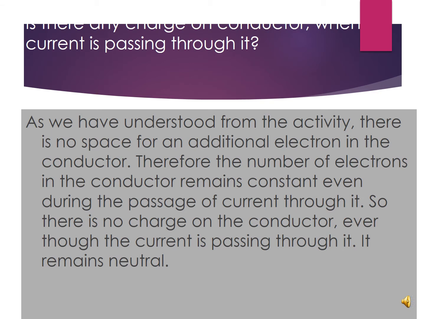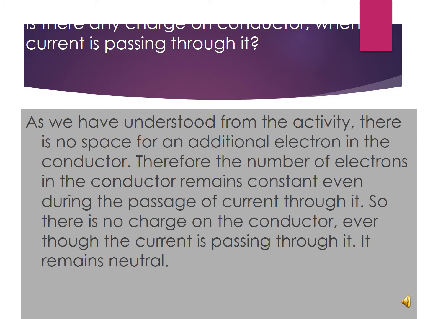Now, we will understand, is there any charge on a conductor when the current is passing through it? We have understood from the activity that there is no space for an additional electron in the conductor, and therefore the number of electrons in the conductor remains constant even during the passage of current through it.